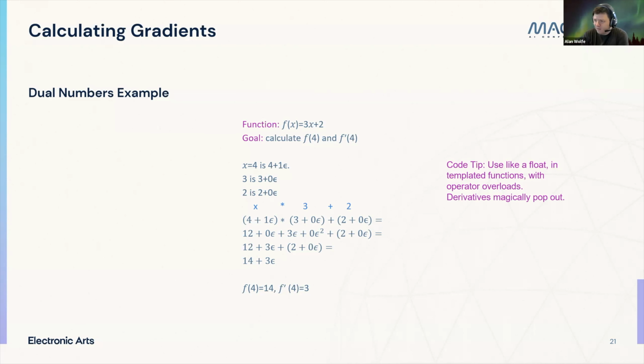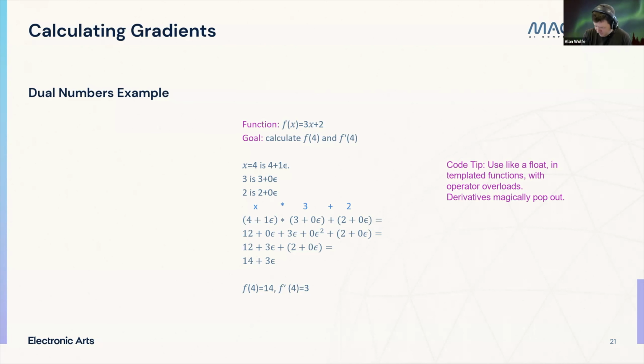For x, the value is 4 and the derivative is 1, so that becomes 4 plus 1 epsilon. For 3 and 2, they're constants, so we set the real part to their value, and we set the dual part to 0, because the derivative of constants is 0.